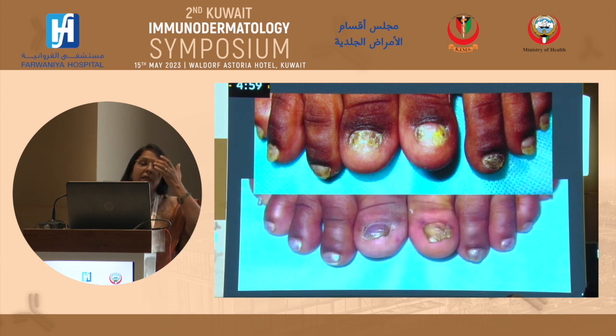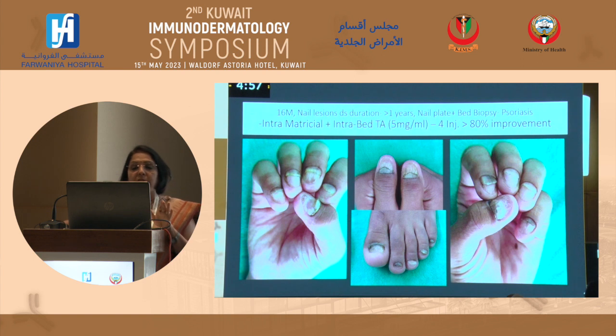Another student, a 16-year-old male, was being ridiculed in school and stopped going to school. So we did a nail bed biopsy. It was consistent with psoriasis. I gave intramatricial and intra-bed injections because he had both parts of the disease, and all 20 nails were involved. But his mother, a school teacher, denied methotrexate or any other immunosuppressive therapy.